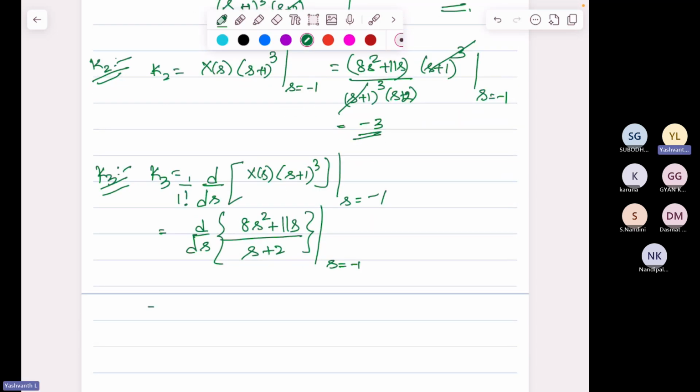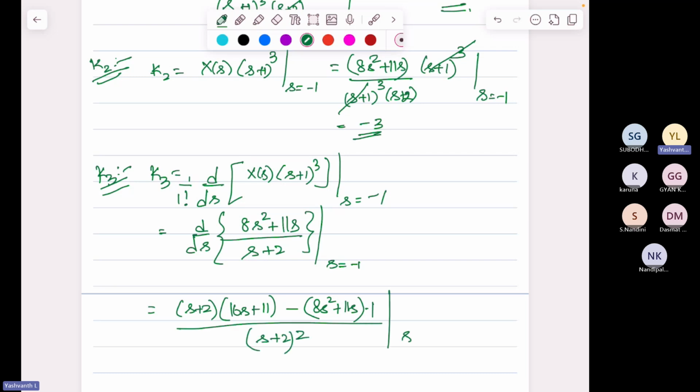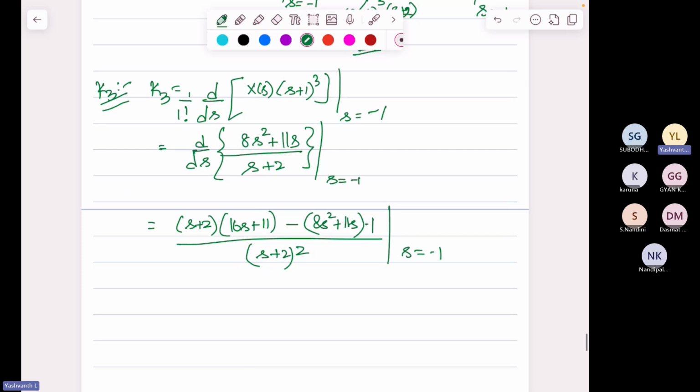Let's just do this. This becomes (s plus 2) into (16s plus 11) minus (8s square plus 11s) into 1, by (s plus 2) the whole square, at s equal to minus 1. Now if you just put s equal to minus 1, this will turn out to be minus 2.